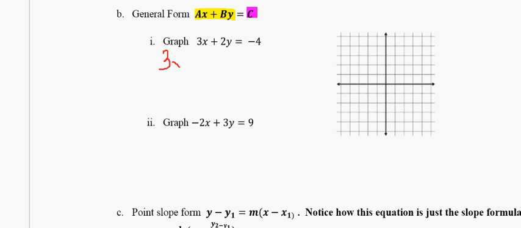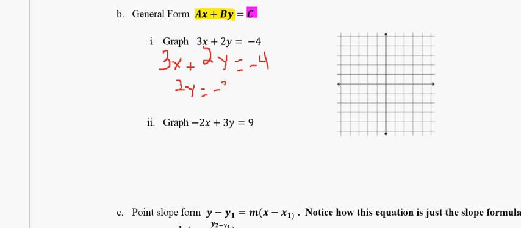Okay, so let's take a look at this line. 3x plus 2y equals negative 4. Basically, when you're putting it into slope-intercept form, you're solving it for y.